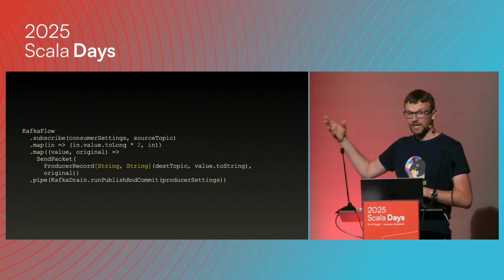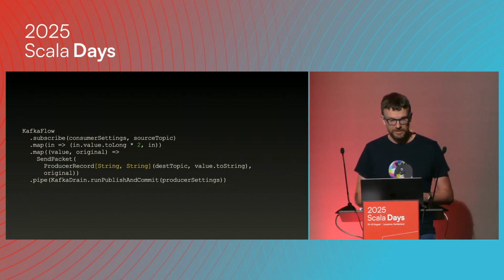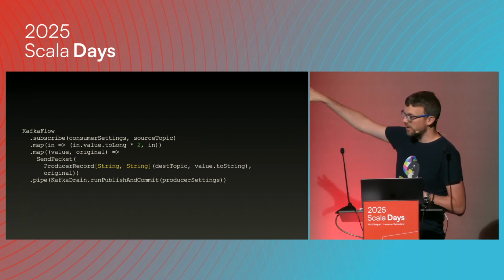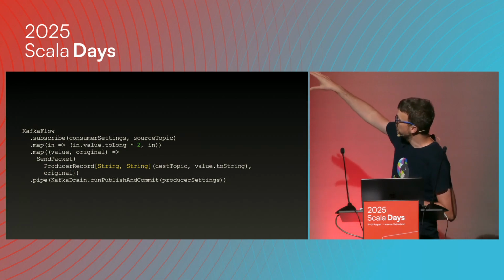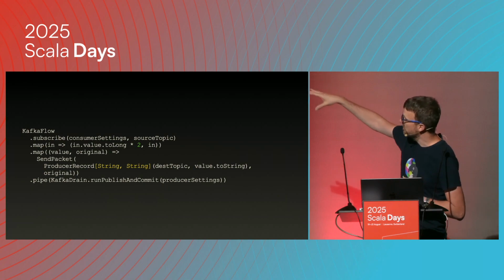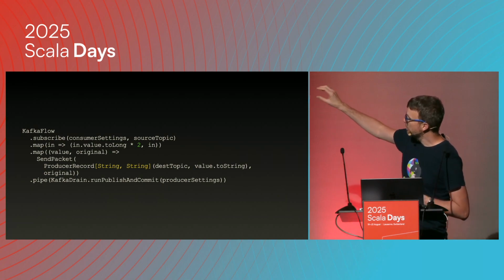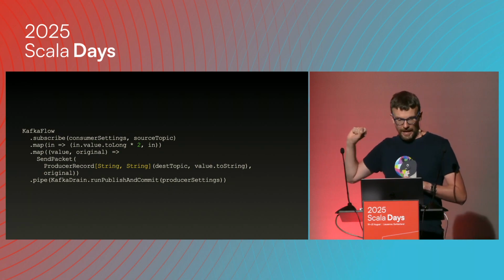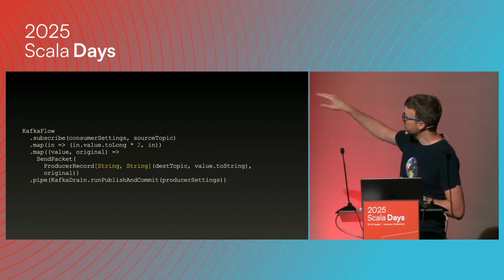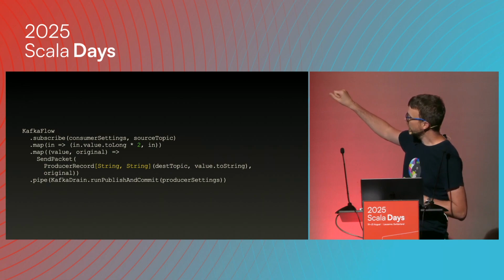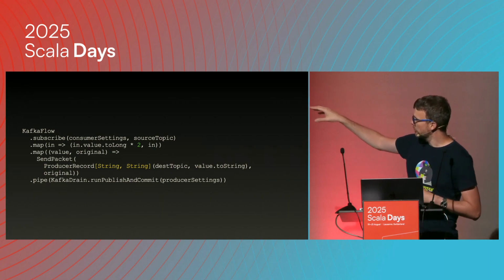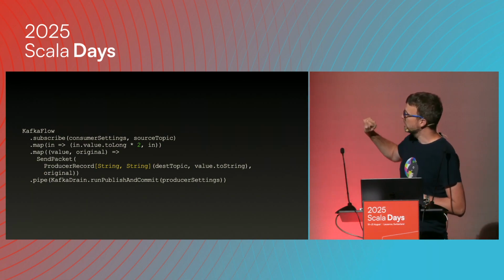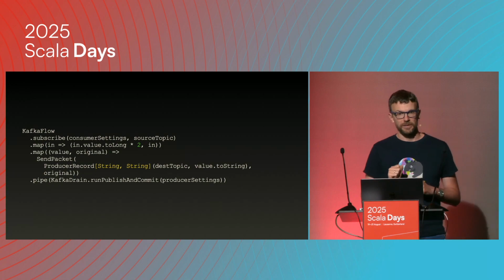And yeah, one of the integrations that ships in Ox out of the box is Kafka integration. So here we have a Kafka flow where we subscribe to a topic, we map over the values, and then we create packets of values which are published to another topic, and also whatever records the new values have been produced from, the offsets of these values are committed to the original topic.